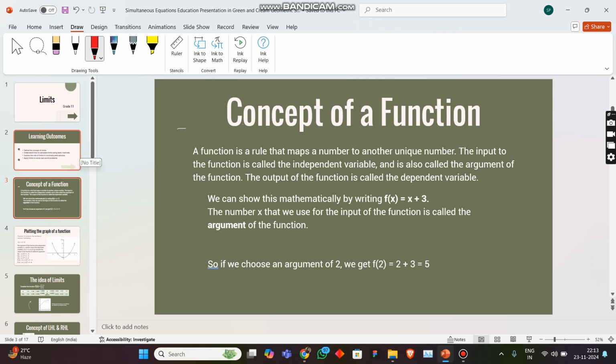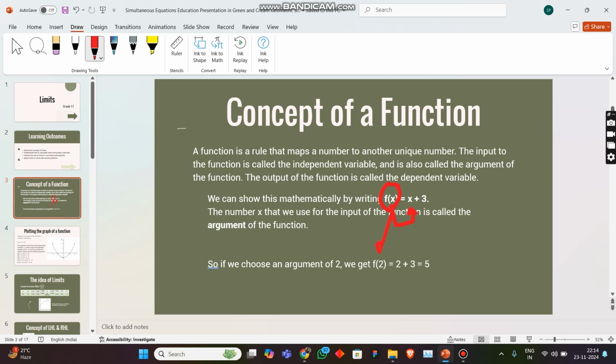It is not dependent on any other variable. F of x is dependent on x. If we give x equals 1, it will give me some value. If I give x equals 2, it will give me another value. So it is not a constant value, this is a dependent variable.